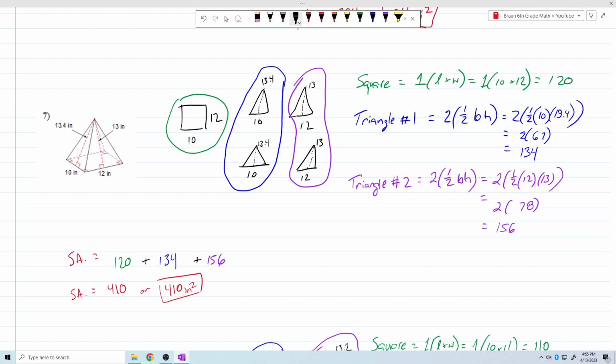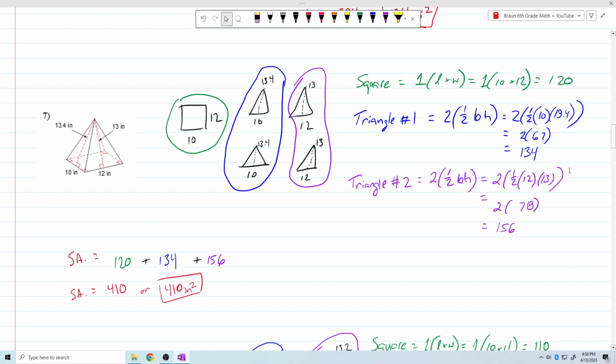So I got my 3 groupings off to the side, 1, 2, 3, and get some numbers here, 120, 134, 156. Add them all together, and I get 410.